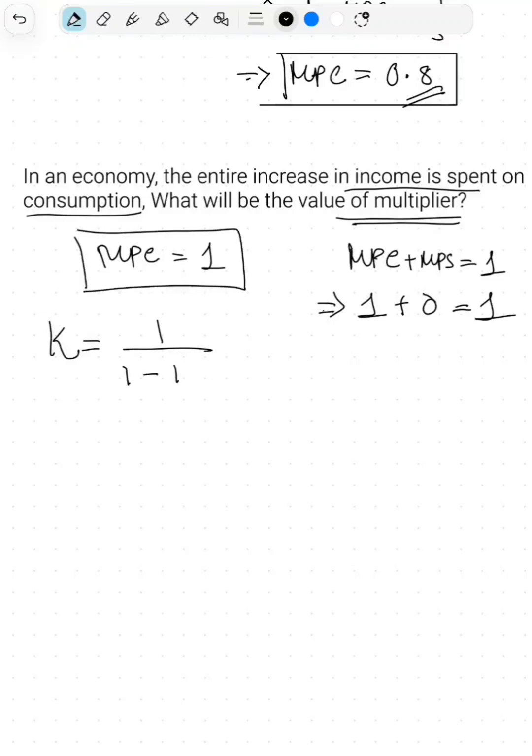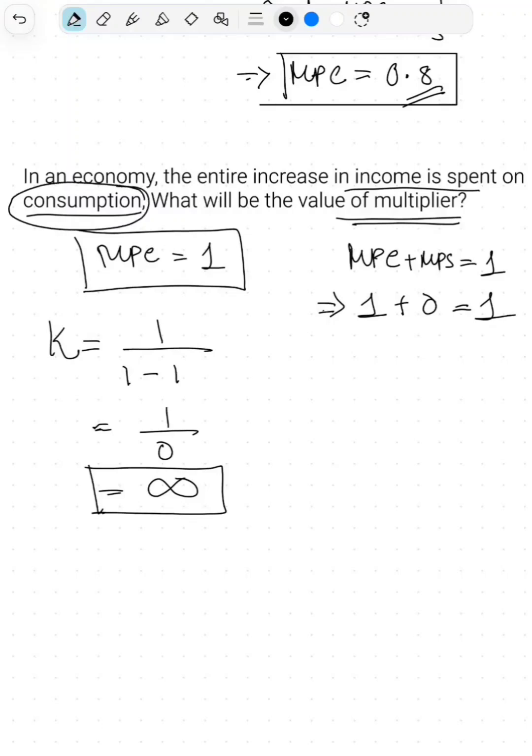How much is 1 divided by 0? That is infinity. Any number divided by 0, the answer is infinity. So the value of multiplier is infinity, because the entire income is spent on consumption and we are saving 0. So 1 divided by 1 minus 1, that is 0, and the answer is infinity.